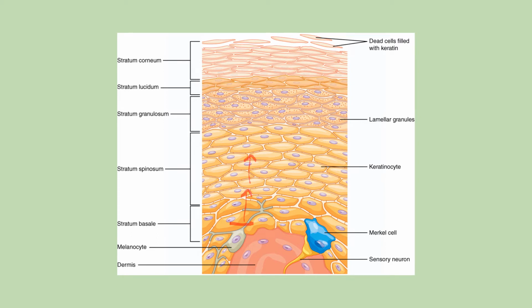Because the epidermis, which is from this point up, has no blood supply, as you move further away from where the cells originate down here, you're getting farther away from blood supply. So you're not getting nutrients, you're not getting oxygen. The cells are eventually going to die, which is what is happening up here.